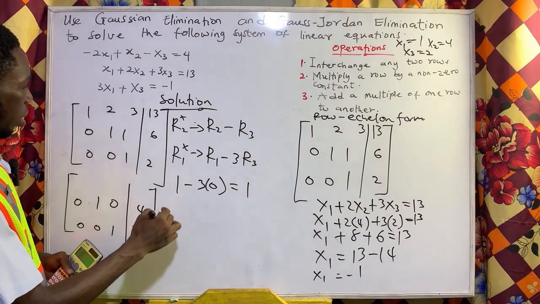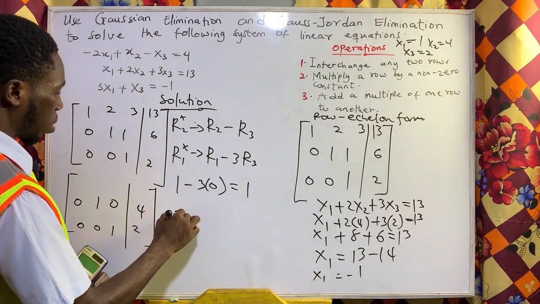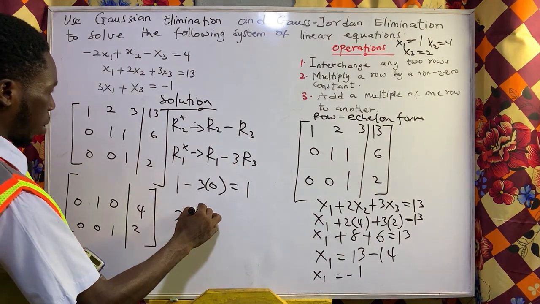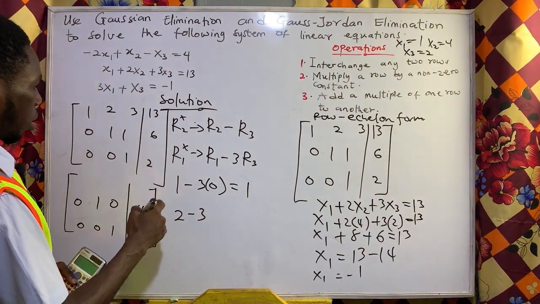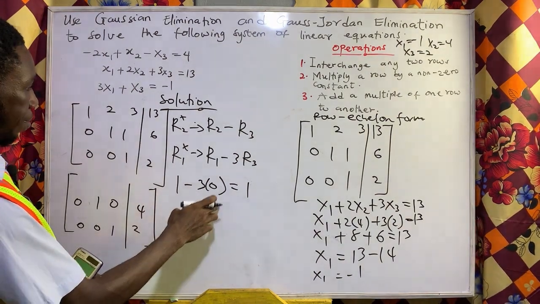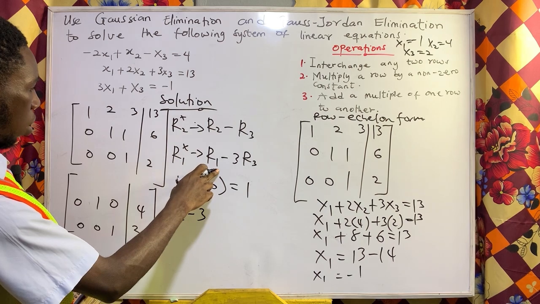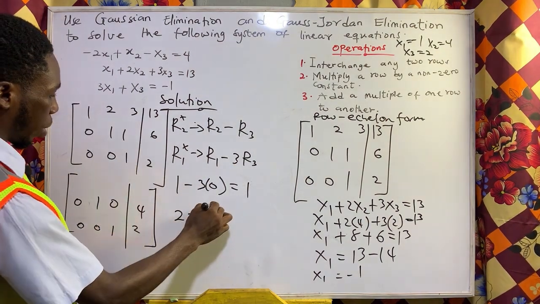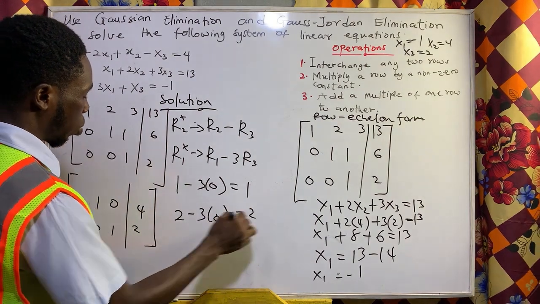And the next one is 2 minus 3 times this value here, which gives us 2.